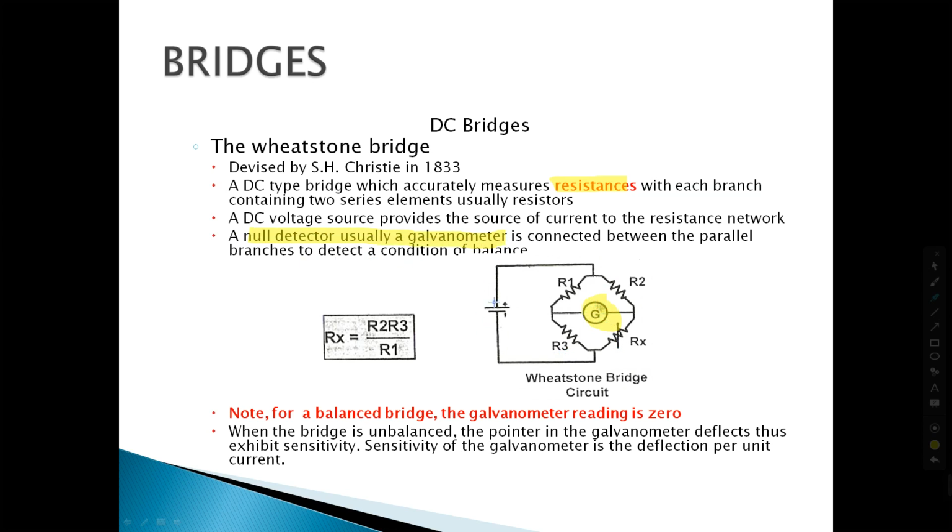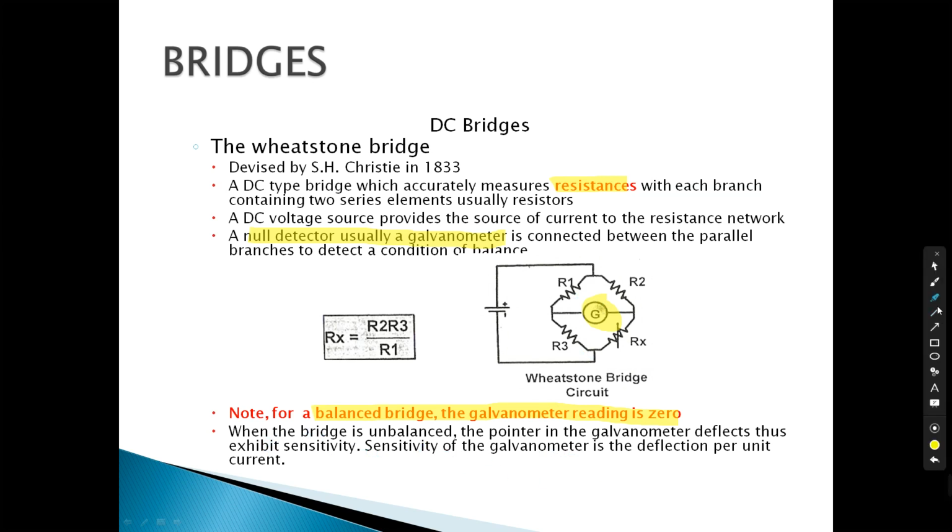When we say the bridge is balanced, the reading in the galvanometer should be 0, meaning there will be no current that flows in the galvanometer. When the bridge is unbalanced, the pointer in the galvanometer deflects, thus exhibiting sensitivity.